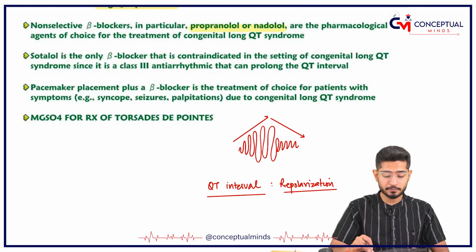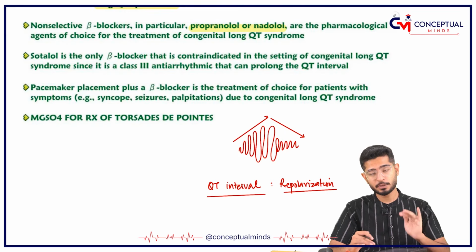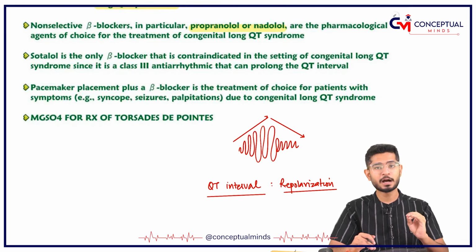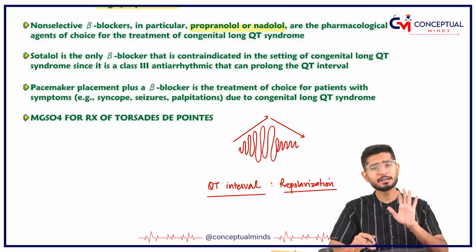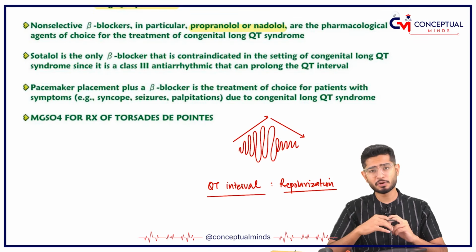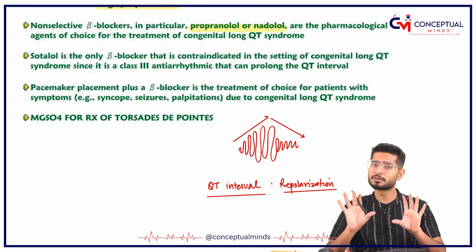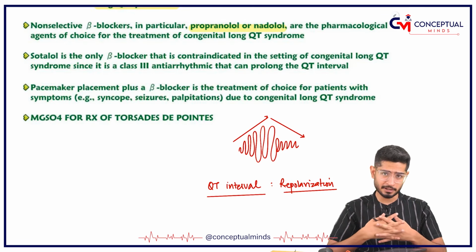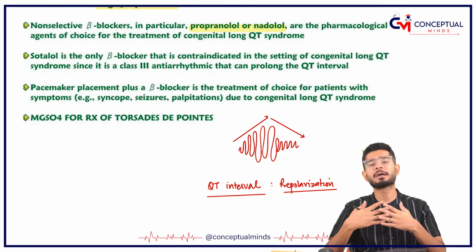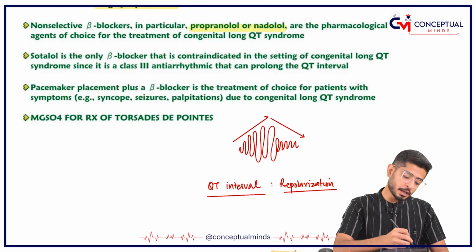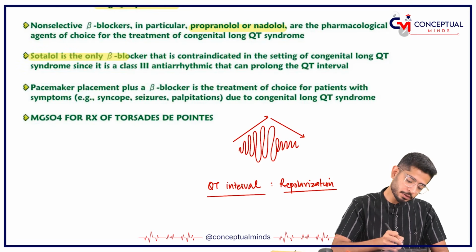What is going to happen? The beta 1 receptors over the heart will be blocked, and the heart rate itself is going to decrease, so the entire heart gets enough time to repolarize, and there will be no arrhythmia. Sotalol is the only beta blocker that is contraindicated.